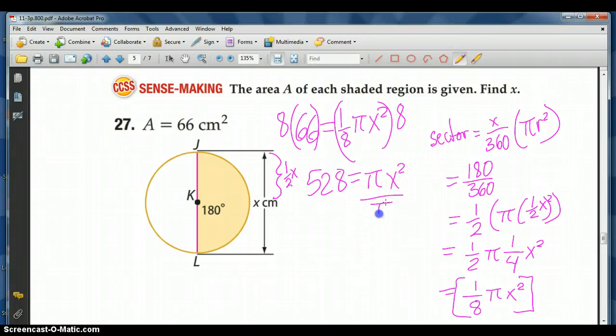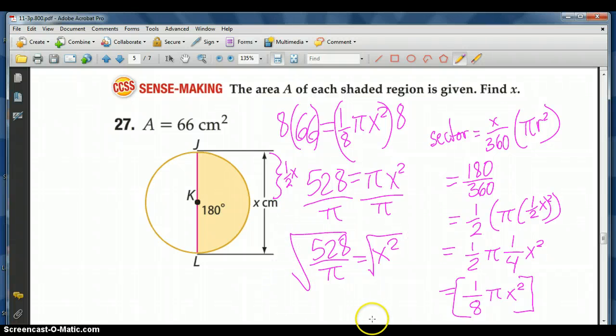So next we would divide both sides by pi. And then take the square root. So the square root of 528 divided by pi is approximately 13 centimeters.